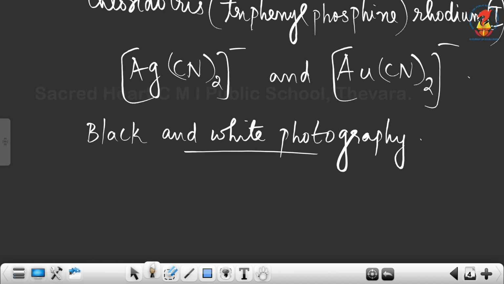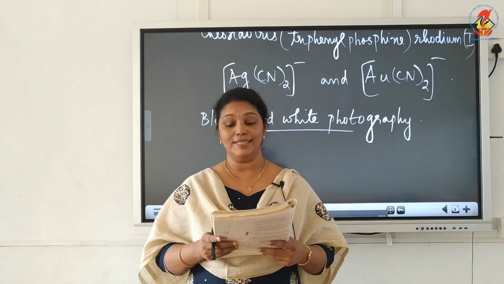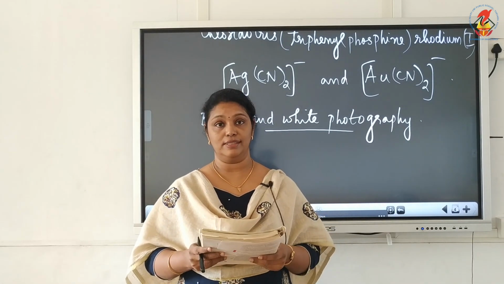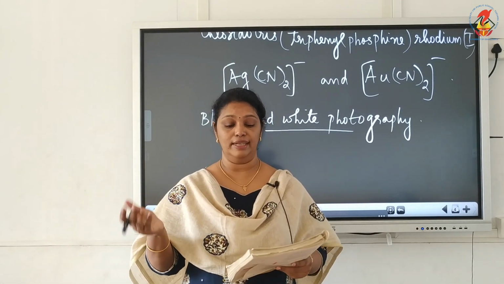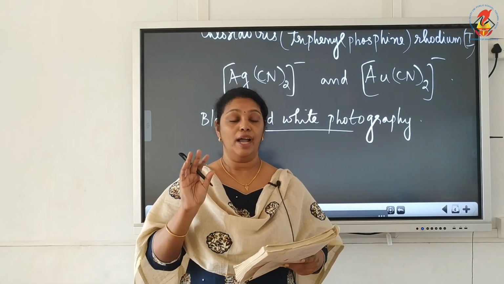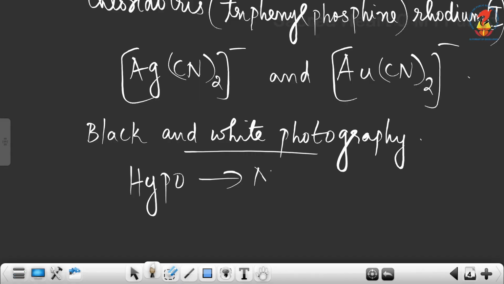In black and white photography, the developed film is fixed by washing with hypo solution. Hypo solution is sodium thiosulfate, which dissolves the undecomposed silver bromide to form a complex.